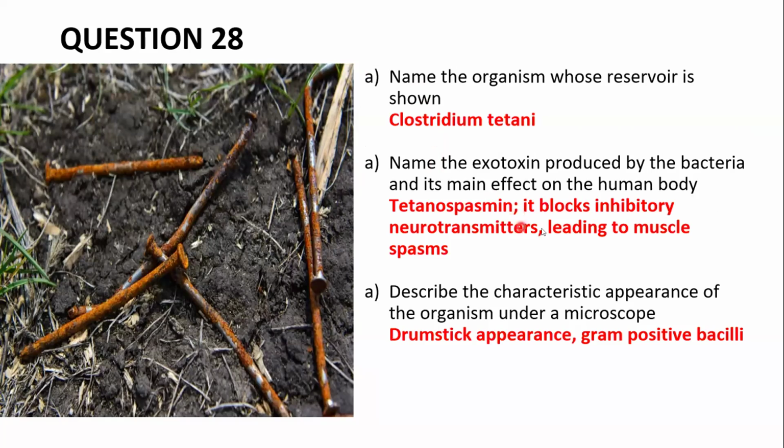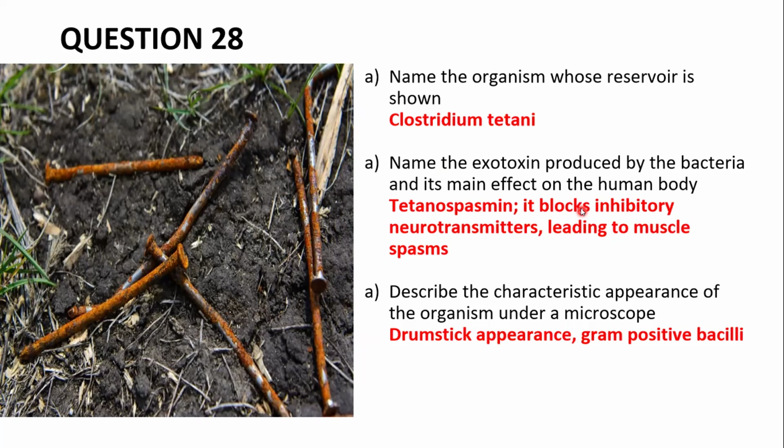It blocks inhibitory neurotransmitters, which are like GABA, leading to muscle spasm. So for a person with Clostridium tetani, they'll have rigid paralysis. We also call it spastic paralysis. Okay. That's why we have a very common symptom, which is lockjaw. Literally, their masseter gets locked. Okay. That is the lockjaw.